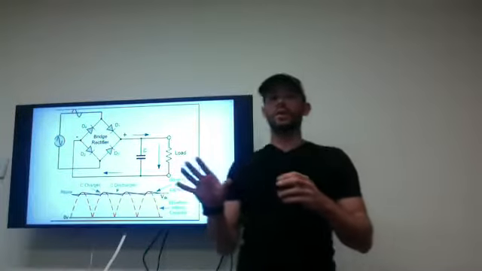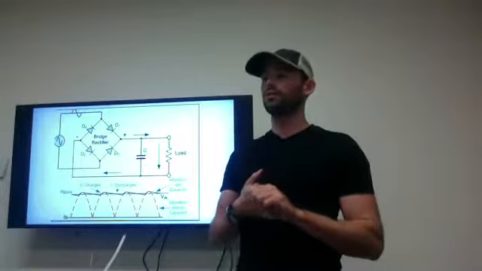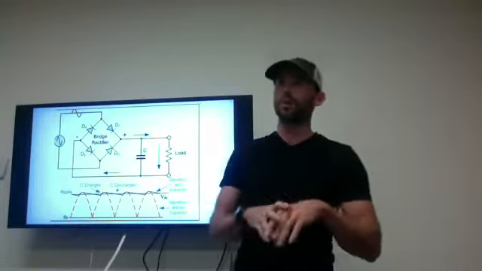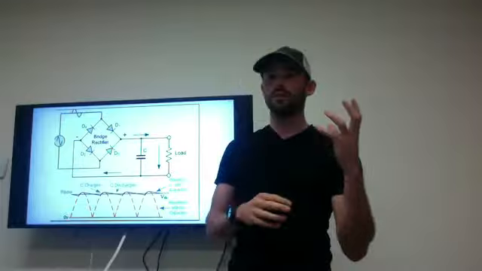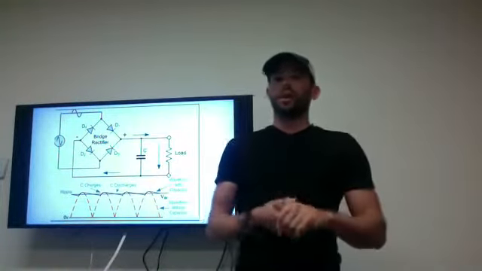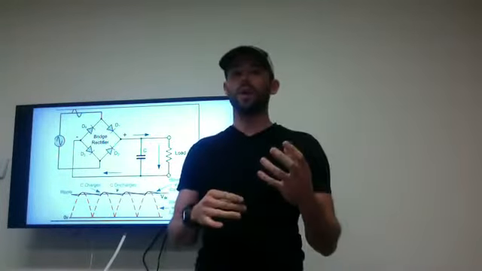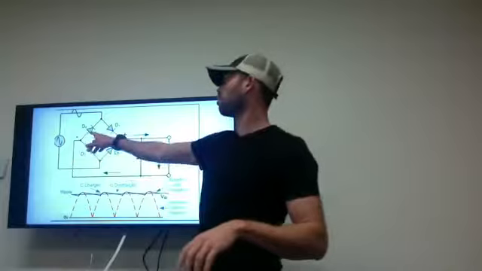The circuit that we are looking at is a full wave rectifier, which takes the AC input and creates a DC output. Our input signal is a sine wave that goes through the bridge rectifier.